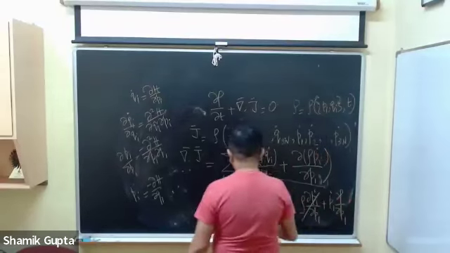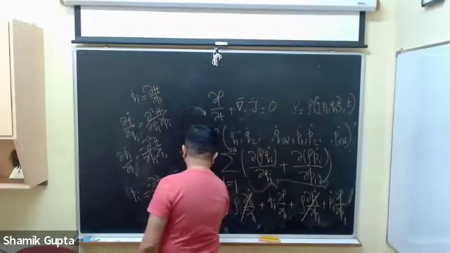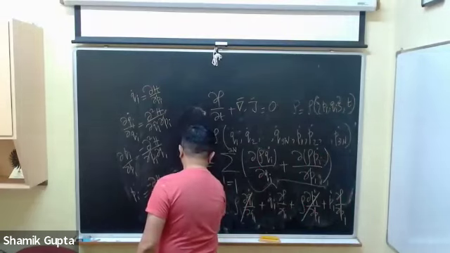So therefore I am left with what? In this summation, I will be left with this guy, i equal to 1 to n.